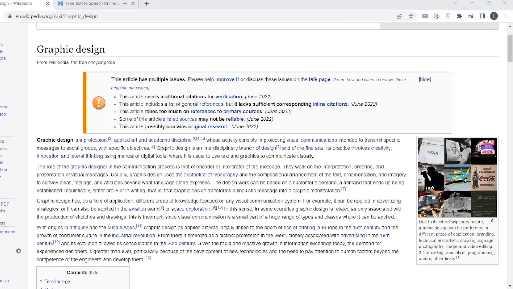Typography is performed by typesetters, compositors, typographers, graphic artists, art directors, and clerical workers. Until the digital age, typography was a specialized occupation.